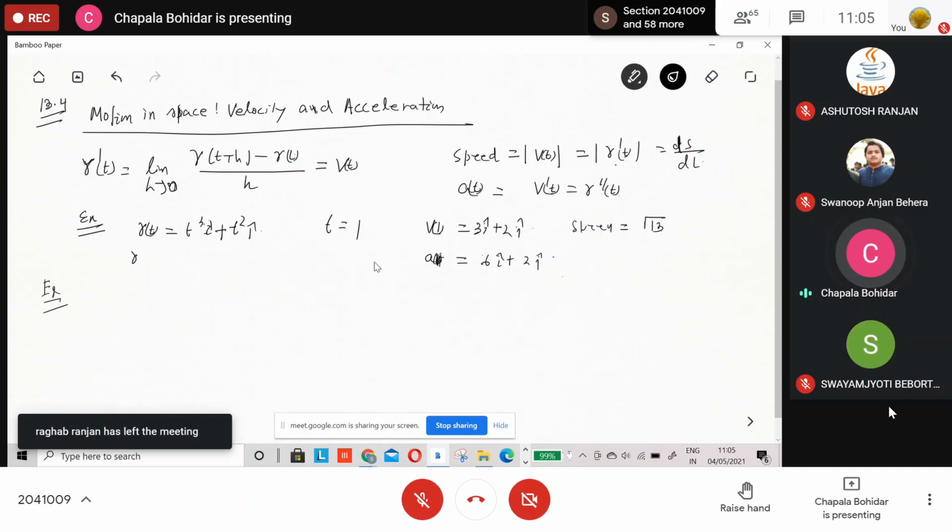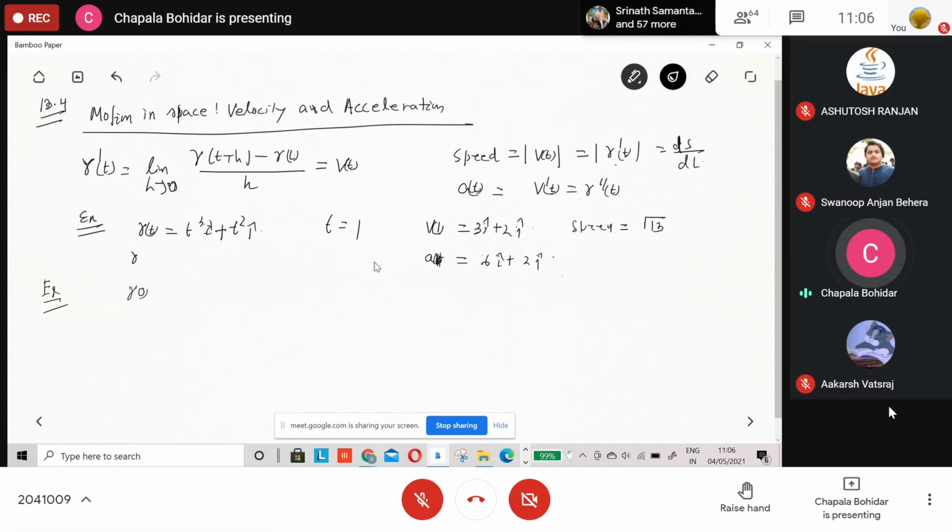A moving particle, write down the question. A moving particle starts at an initial position r0 is equal to (1, 0, 0) with initial velocity v0 is equal to i minus j plus k.